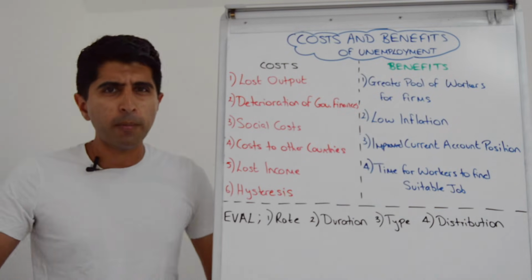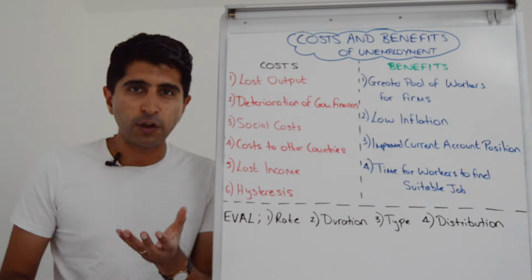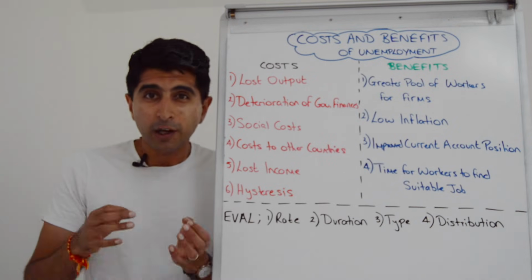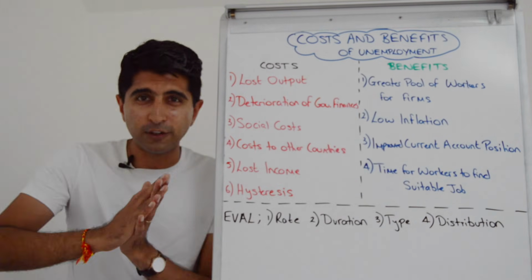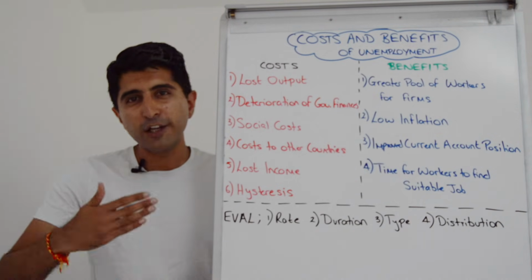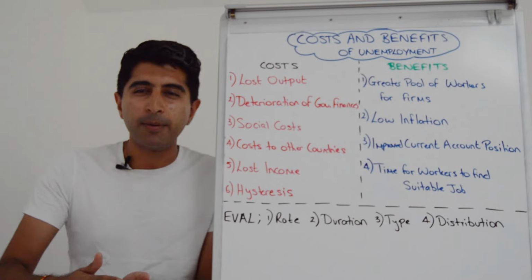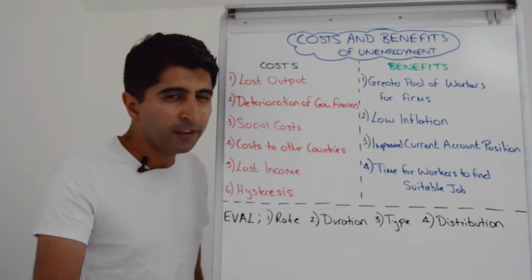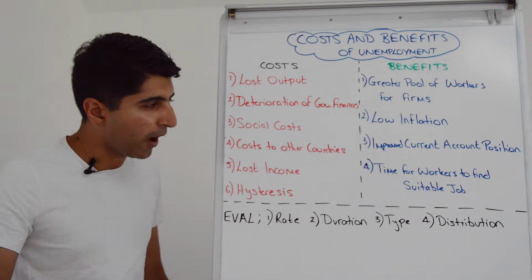Whereas cyclical unemployment is not as bad because recessions don't last forever, so that shouldn't be long-term in nature. And frictional unemployment is quite healthy for an economy as long as this isn't way out of control. If people are searching for better jobs for themselves to end up in more productive roles, that's quite a healthy thing to be happening in an economy. So structural is the worst, cyclical and frictional not as bad.